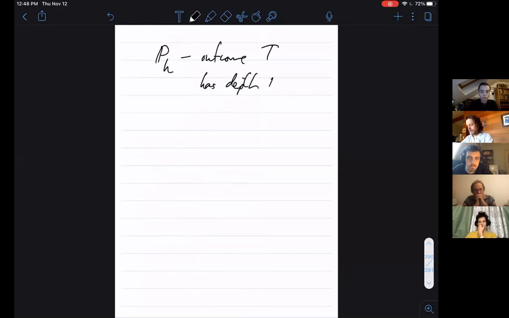So what's the depth? It's the natural thing, right? It's the maximum. It's the number of generations it survives. So any tree, the root is generation 0, and so this, for example, has depth 3.